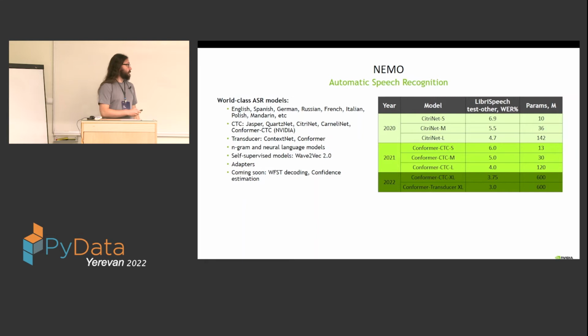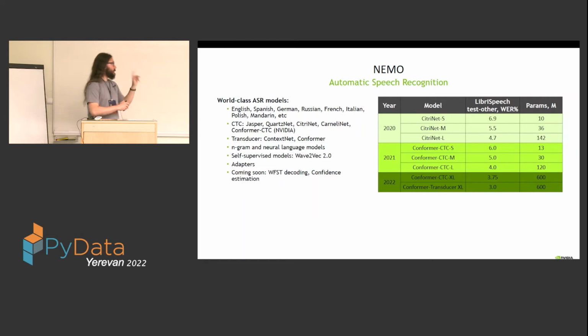Apart from this kind of academic example, we have quite many pre-trained models for many commonly used languages. Some CTC-based and transducer-based architectures here. CTC and transducer are ASR losses.